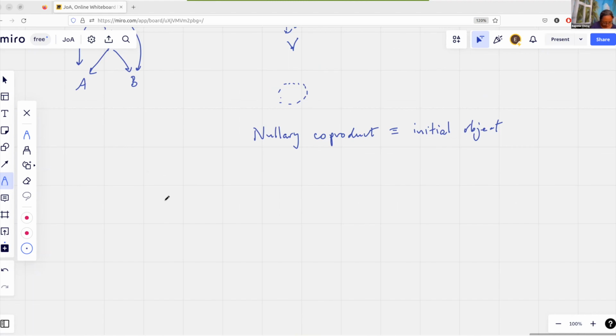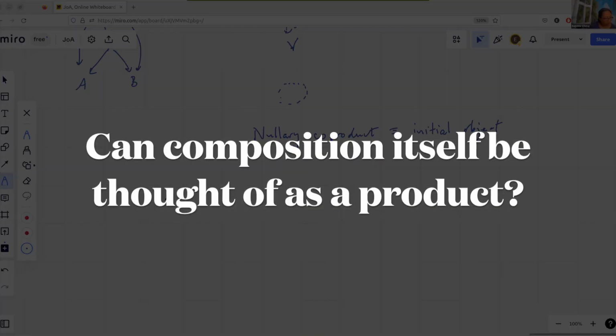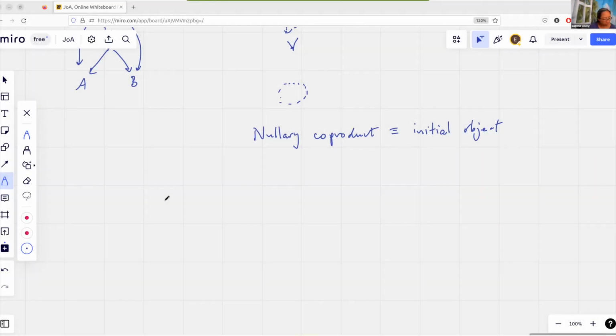Can composition itself be thought of as a product? If the objects are morphisms and a product has two arrows, then the arrows have to be some part of decomposition. So composition is actually a pullback, and that will come up in the chapter on pullbacks and pushouts.